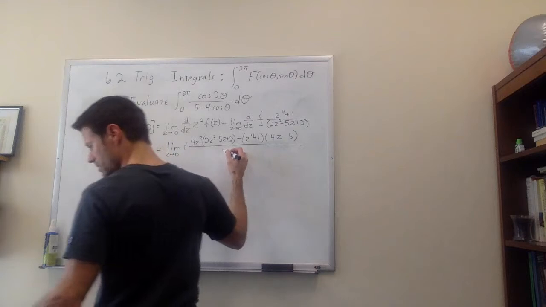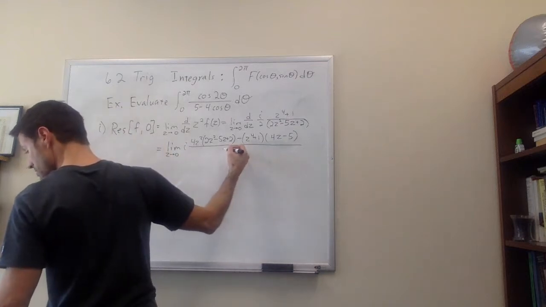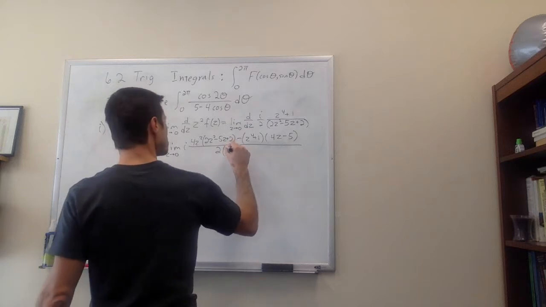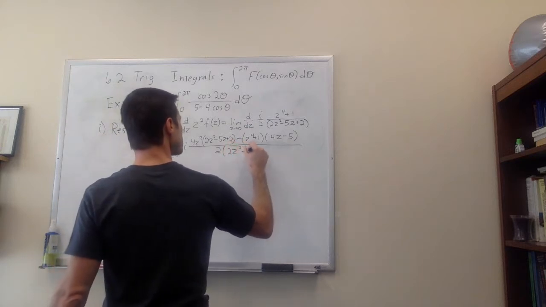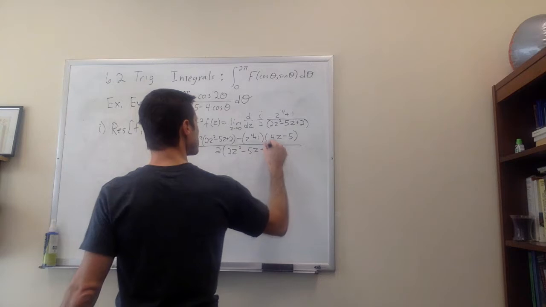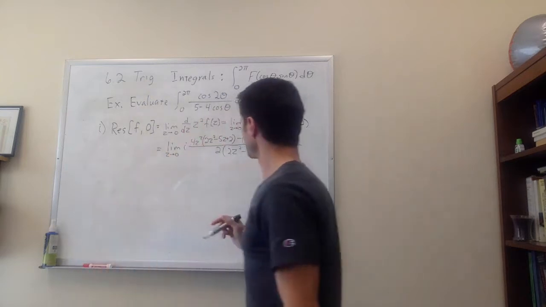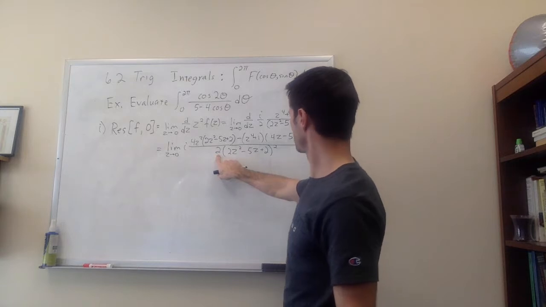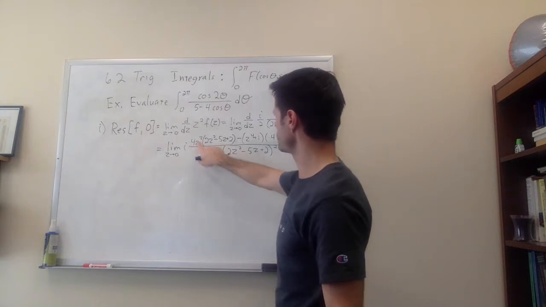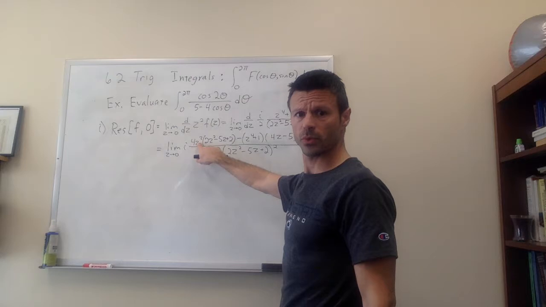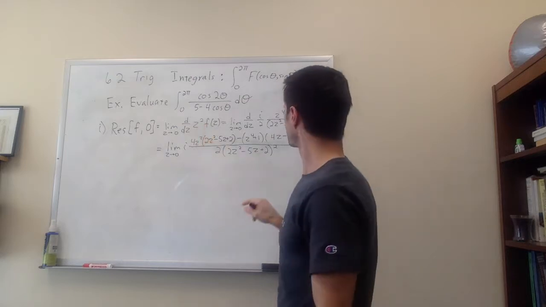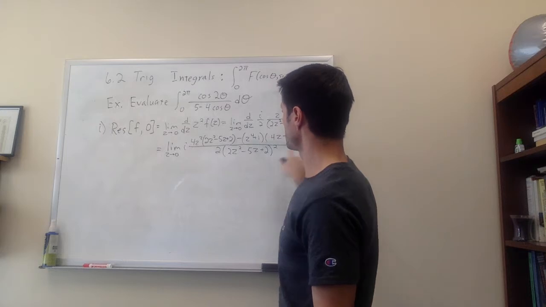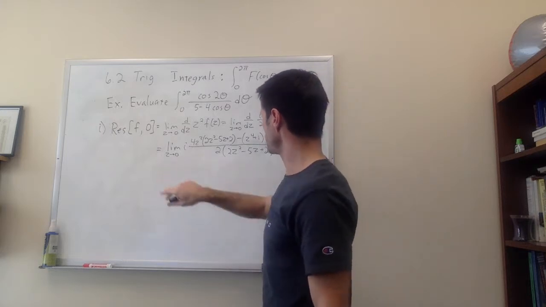Then we square the denominator. Notice I did not square this 2 because I factored out a 2 that was in the numerator. This is the limit that we want to take as z goes to 0.